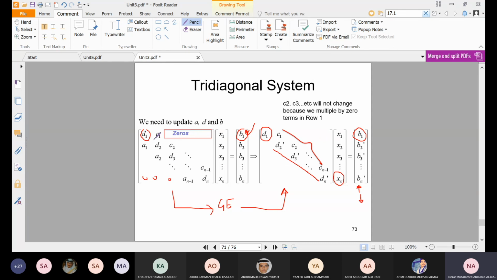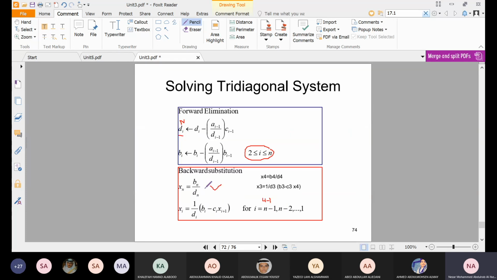So I use these columns to update the matrix. That means I want to compute this new vector. The C's will not change because I don't need to do any updating. I have change in the B's. So this will save time in our algorithm, because no need to do any updating for the C's.